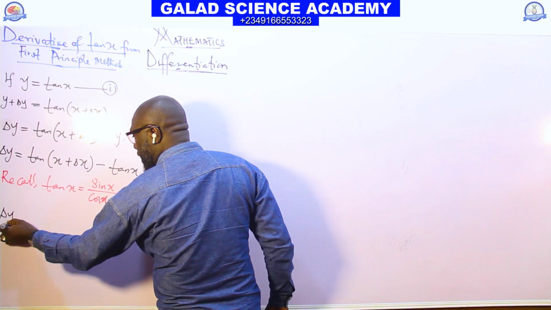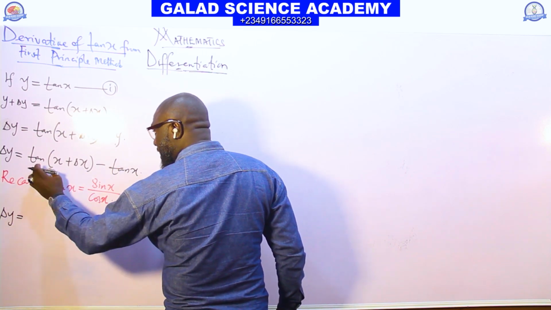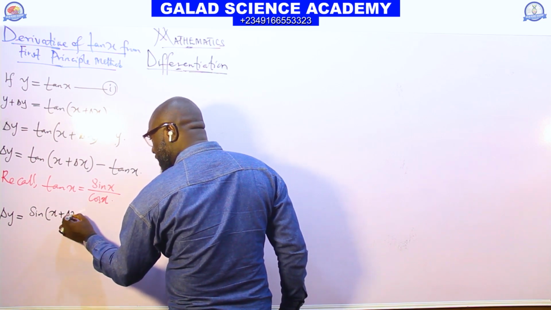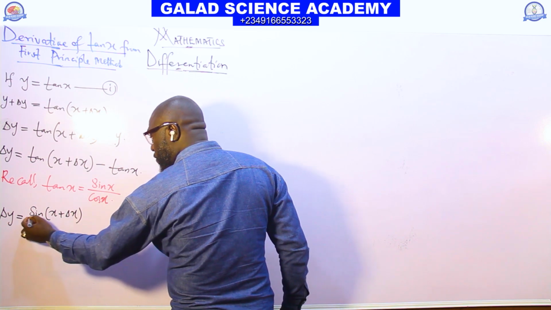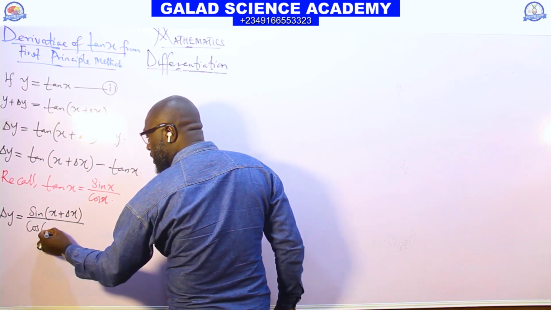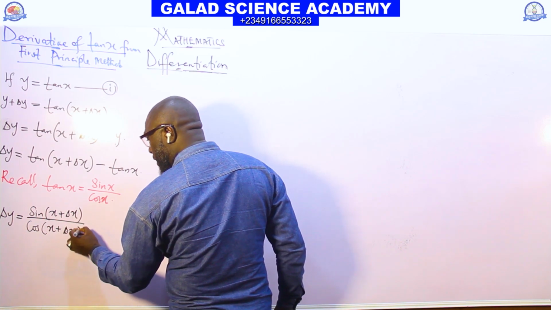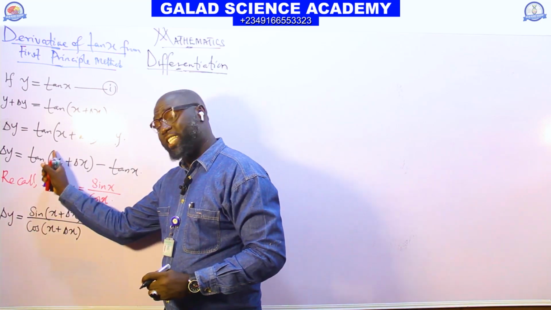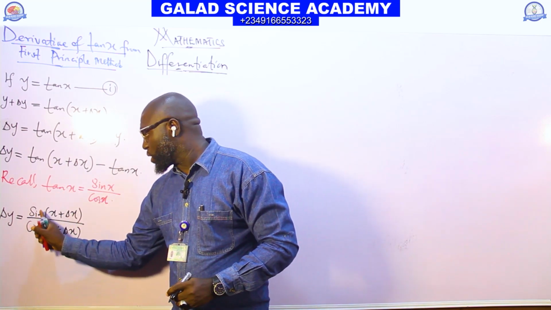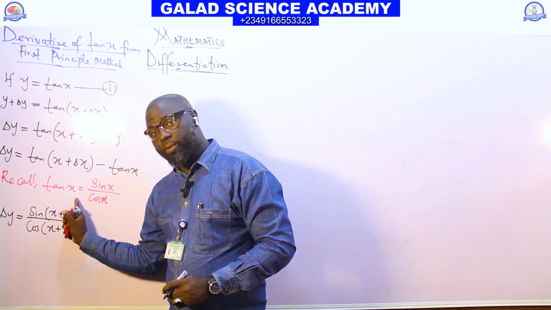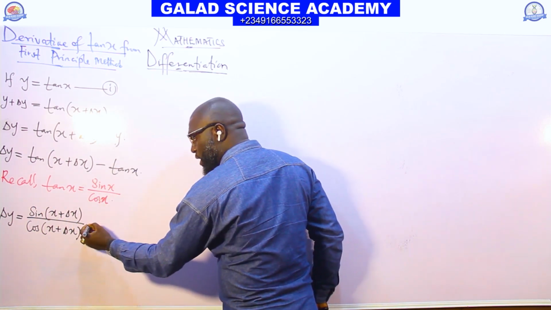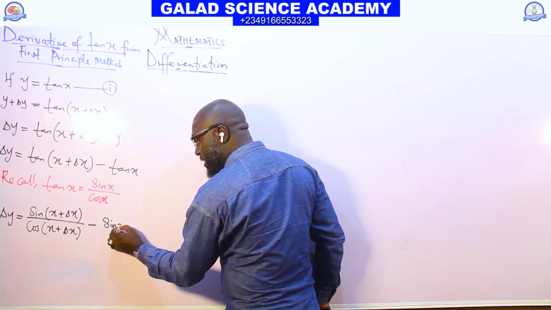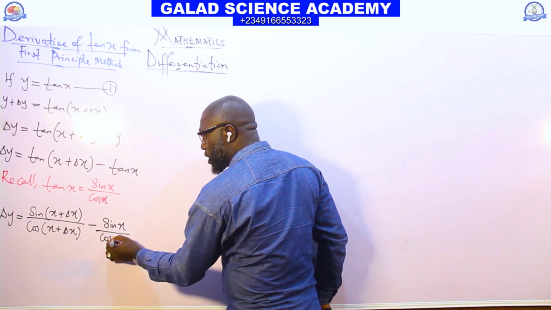We have change in y should be equal to sine of x plus change in x over cos of x plus change in x, this being tan of x plus change in x, minus sine x over cos x, for this term alone.